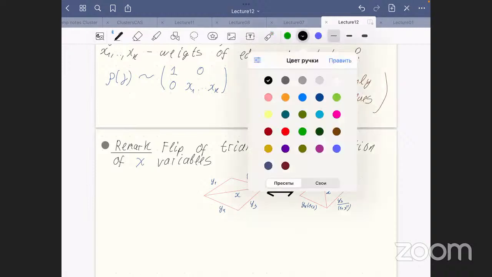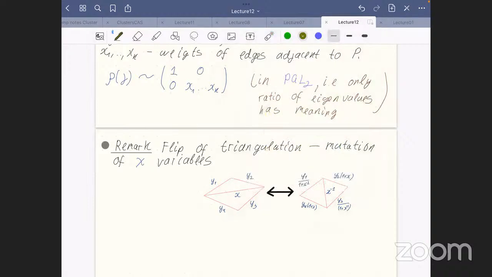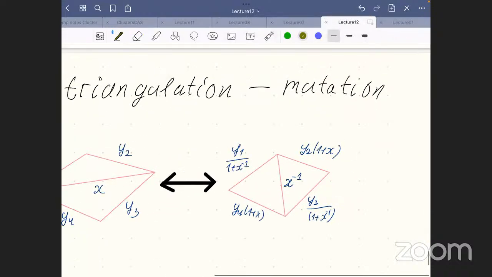Maybe the only thing which we didn't mention in the first lecture, and I have to say explicitly now, is the quiver, and the quiver is constructed the same way as we did for Grassmannians and for many other things.